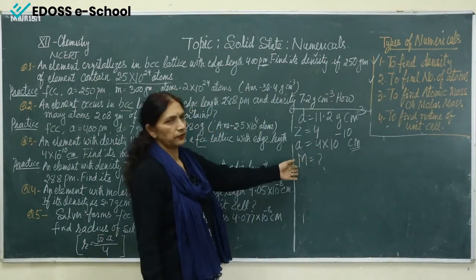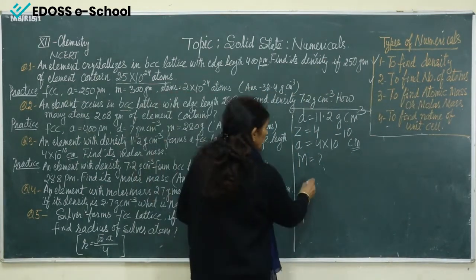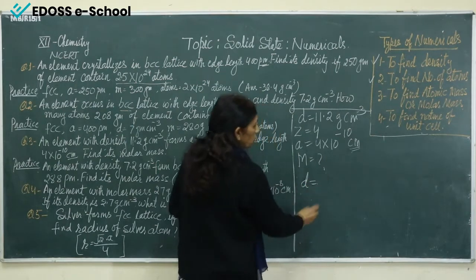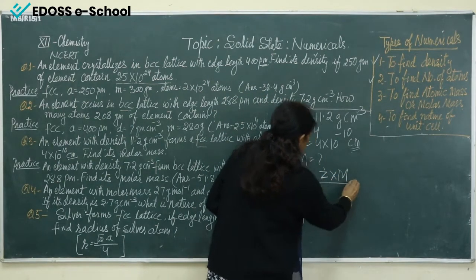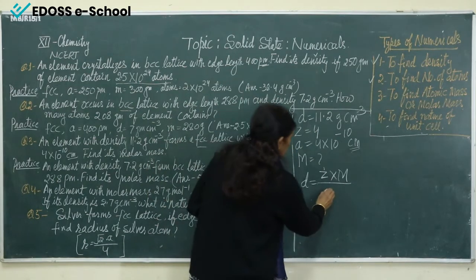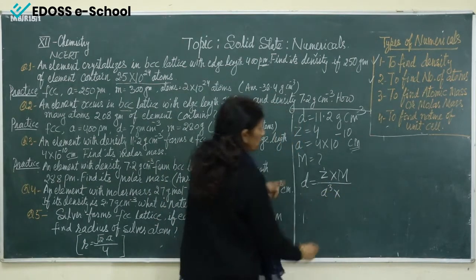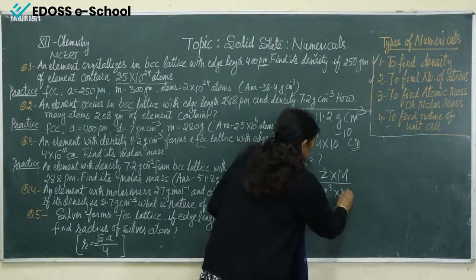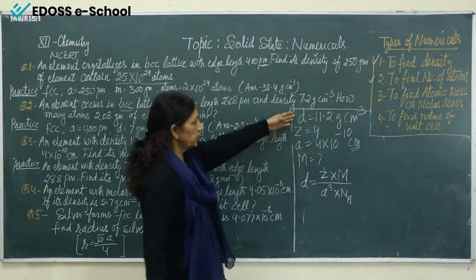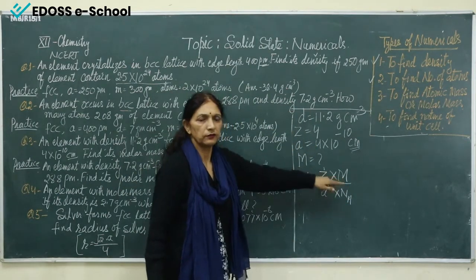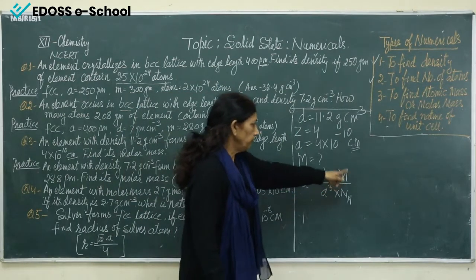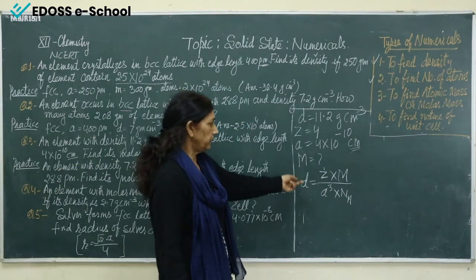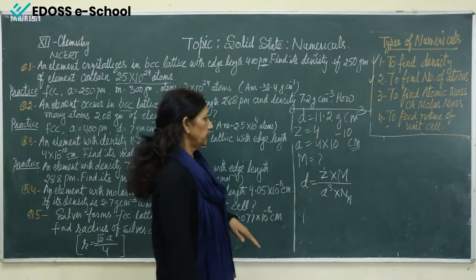Now what we will do? We will write the same formula. The formula is density is equal to Z into molar mass upon A cube multiplied by Avogadro number. So see here, this you have to find. There is nothing difficult in this question. So we will bring M here and take D there.